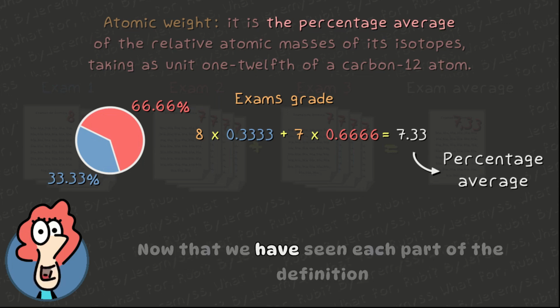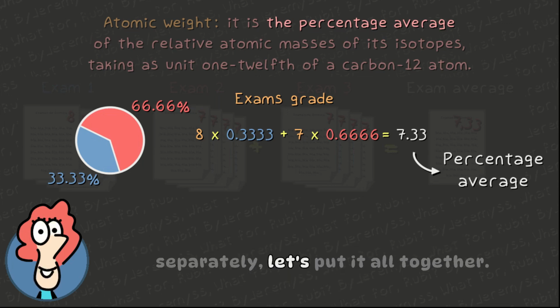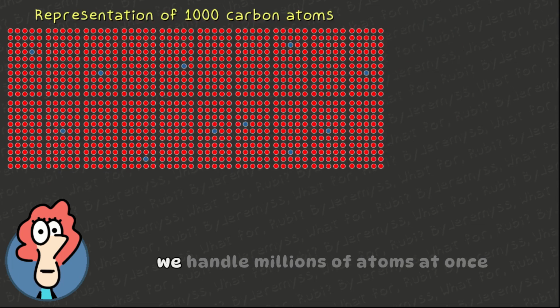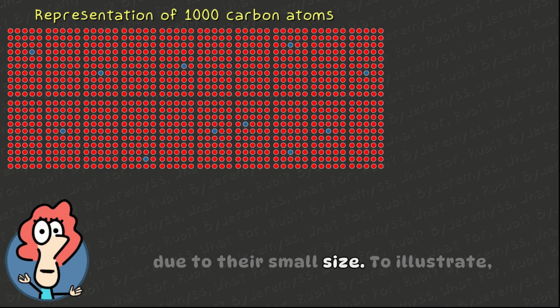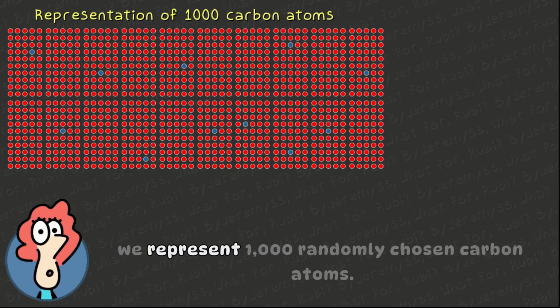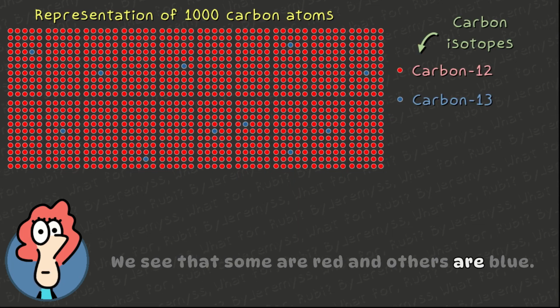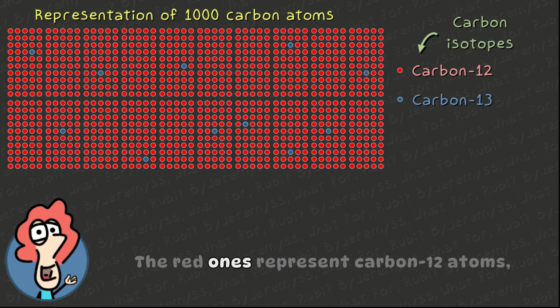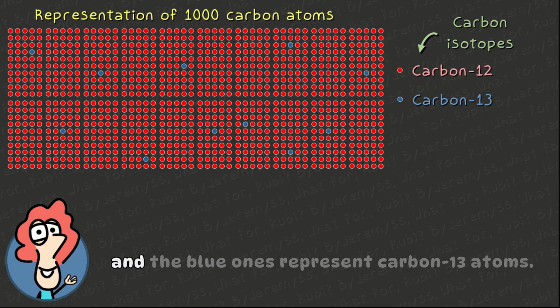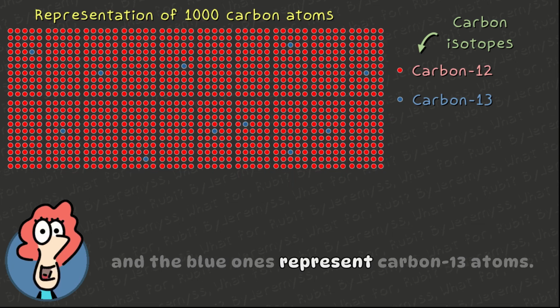Now that we have seen each part of the definition separately, let's put it all together. When working with atoms, we handle millions of atoms at once due to their small size. To illustrate, we represent 1,000 randomly chosen carbon atoms. We see that some are red and others are blue. The red ones represent carbon-12 atoms, and the blue ones represent carbon-13 atoms.